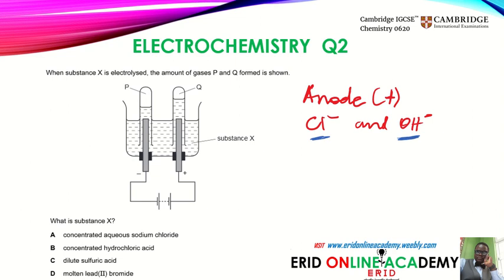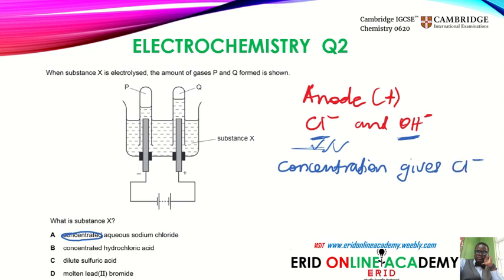Hydroxide is lower than chlorine in the reactivity series, but because we have here concentrated, that means we have more of chloride than what? Than hydroxide. So concentration gives chloride a discharge advantage.